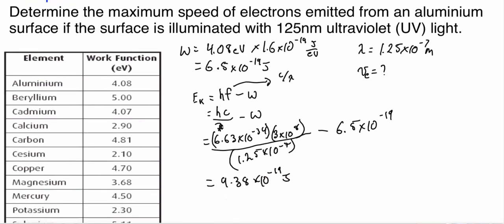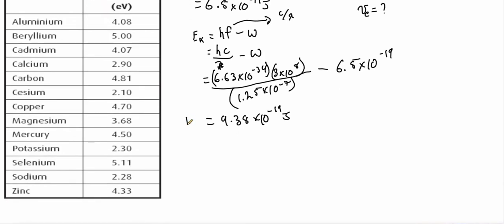All right? Well, now we know what my kinetic energy is. Now we can figure out what is my velocity, because we know kinetic energy is equal to 1 over 2 mass times velocity squared.